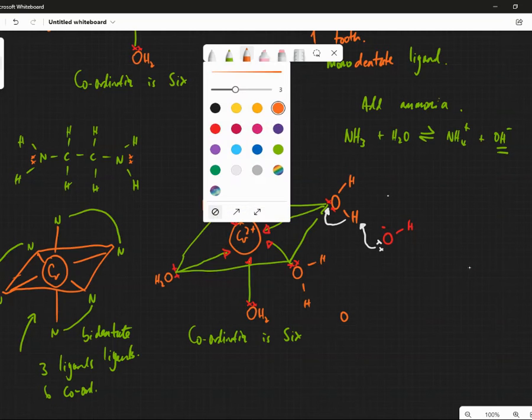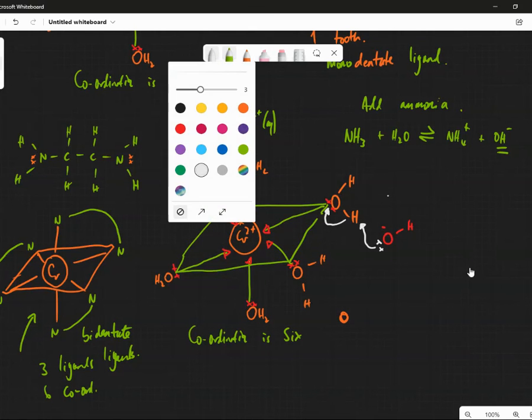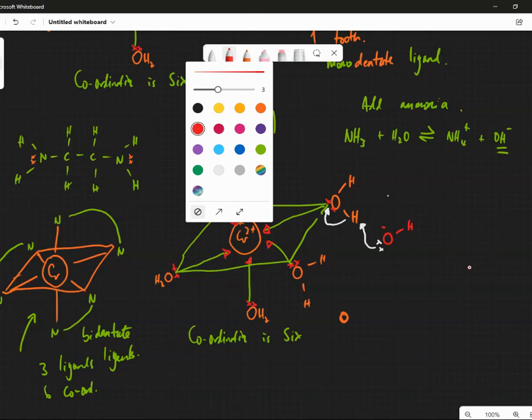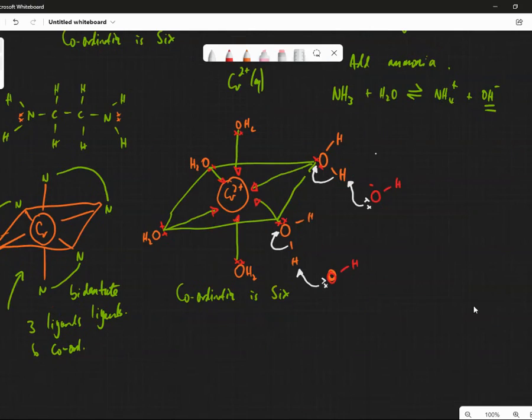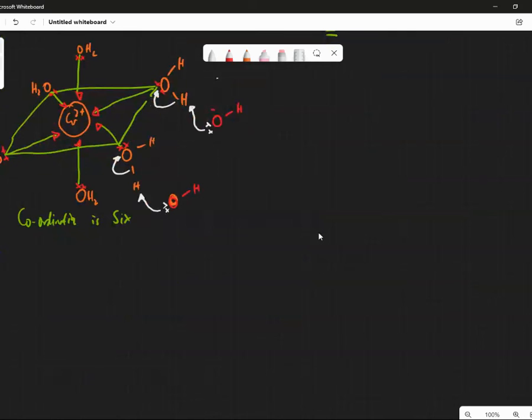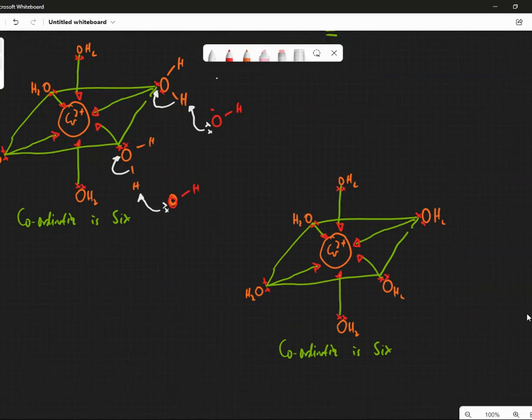This OH does it again. There's the lone pair, and these electrons capture this proton, and these electrons go onto here. So what's the outcome? Let me show you.